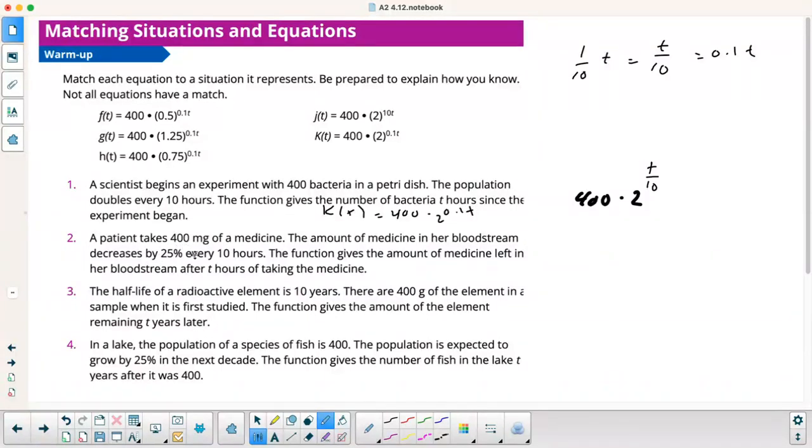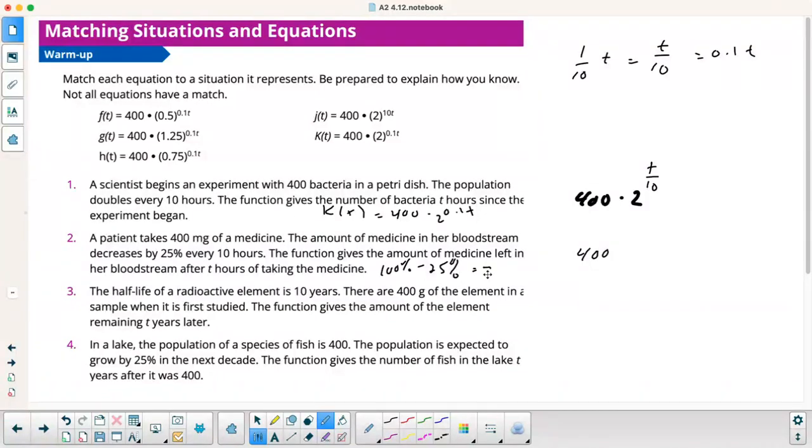All right, a patient takes 400 milligrams of medicine. The amount of medicine in her bloodstream decreases by 25% every 10 hours. You start with 400. Now, if you decrease by 25%, that means you're going to have 75% left. So really it's 100% minus 25%.